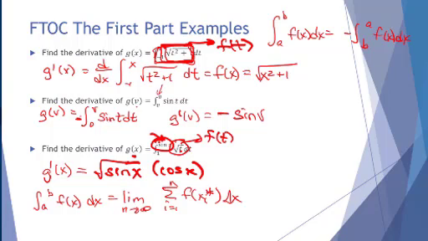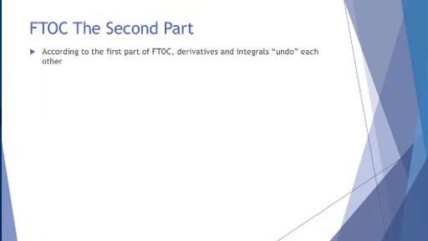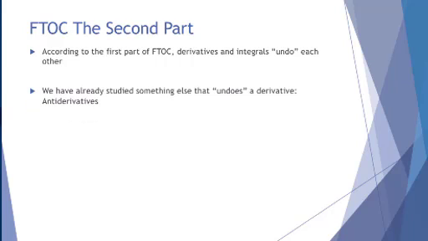And it turns out that's what the second part of the fundamental theorem of calculus is going to help us to do. So FTOC, part 2, uses the idea from the first part that derivatives and integrals undo each other, and kind of brings in another idea that we've already talked about.